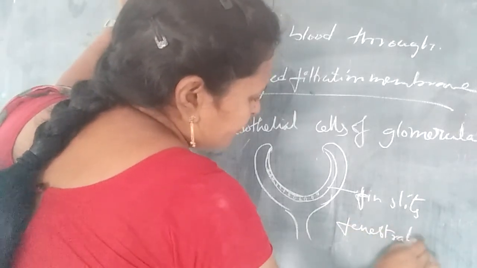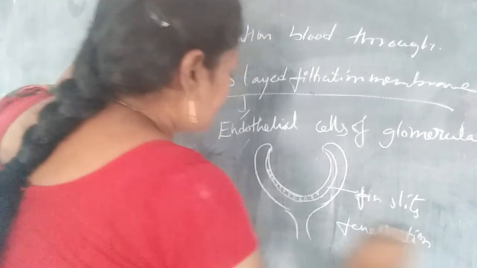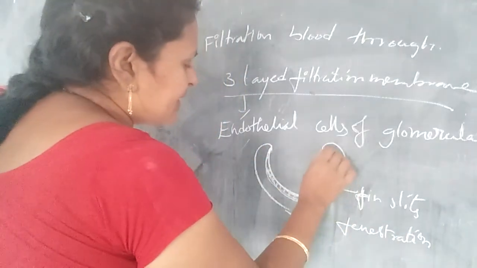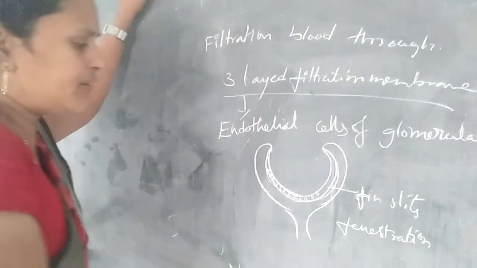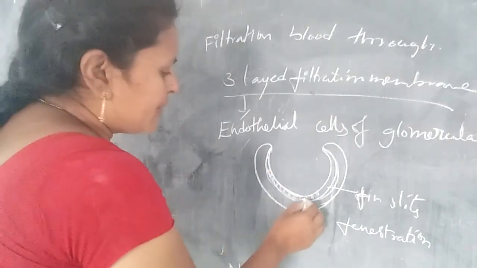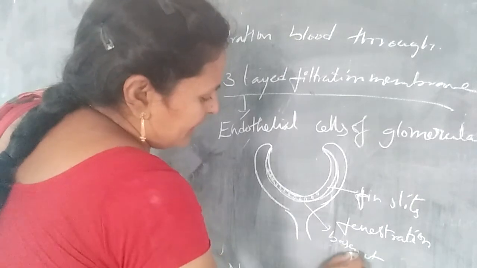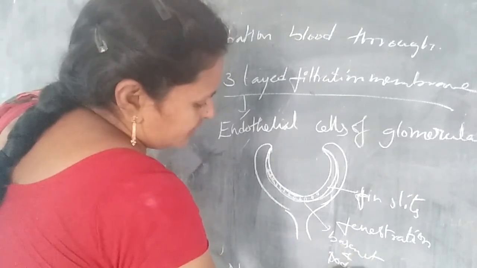The membrane also includes the basement membrane and podocyte cells.